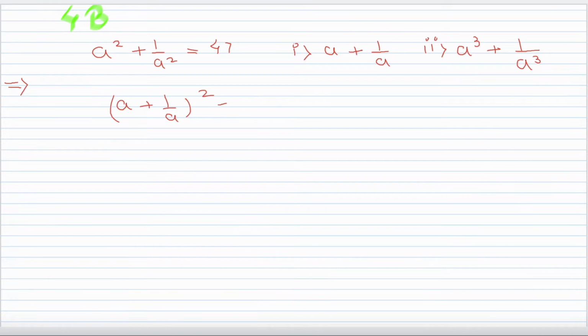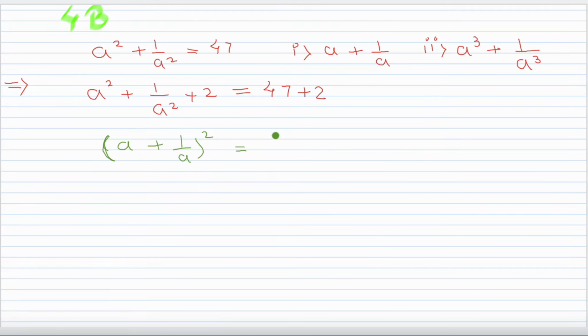So what we will do, a square plus 1 upon a square plus 2, but we can't add plus 2 as it is. What we have to do, we have to add plus 2 here also. Okay, now this one is nothing but (a plus 1 upon a) whole square. We have done this formula for a, right?